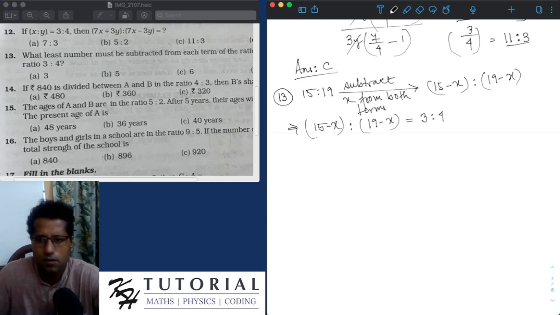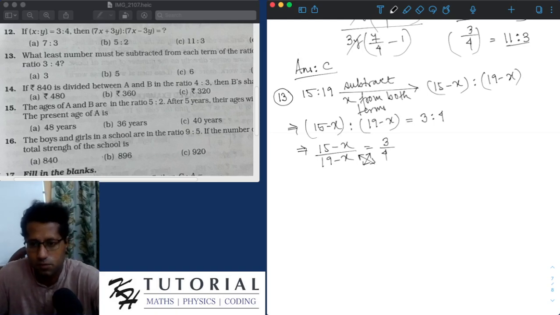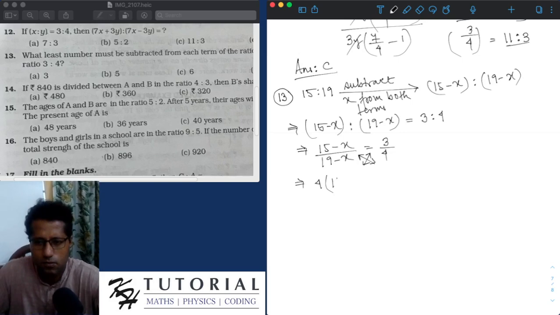So this implies 15 minus x divided by 19 minus x equals 3 by 4. Now we solve this linear equation in one variable by cross products, and we get 4 into 15 minus x equals 3 into 19 minus x.